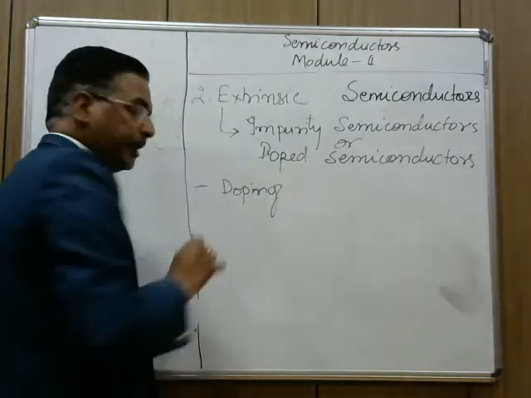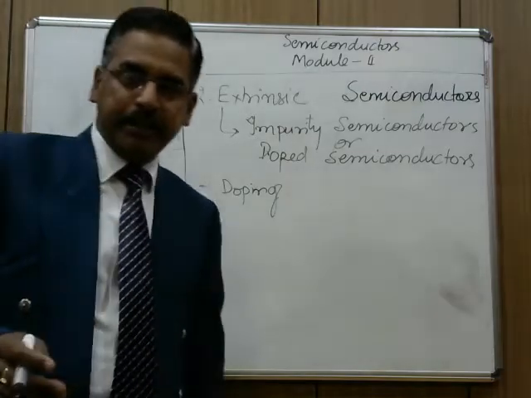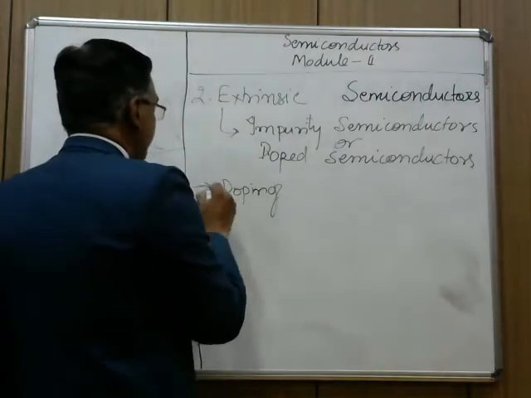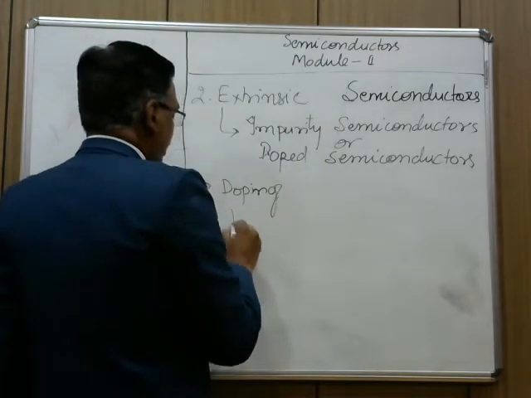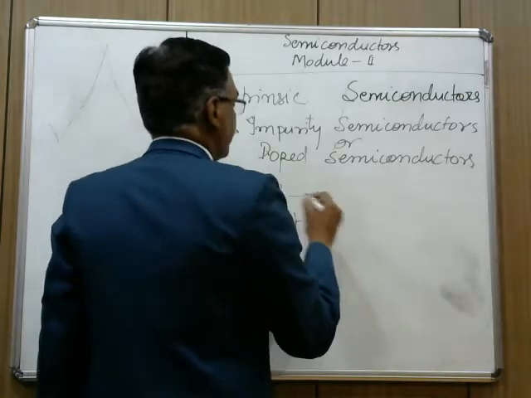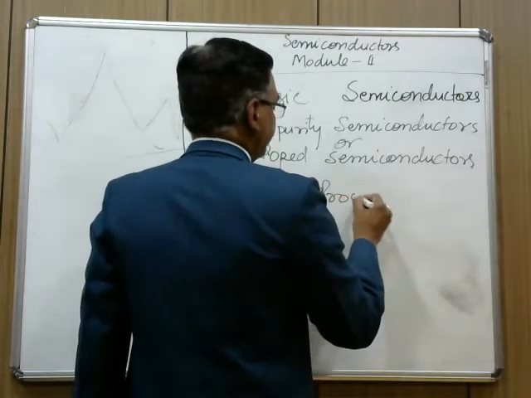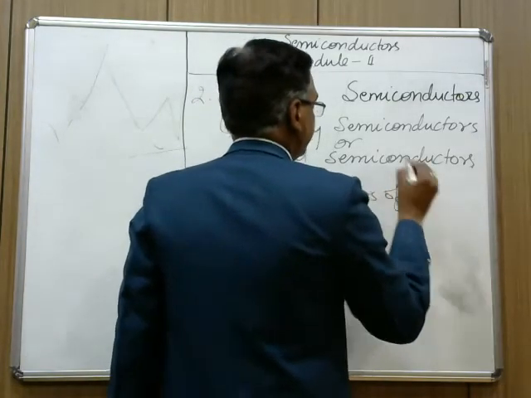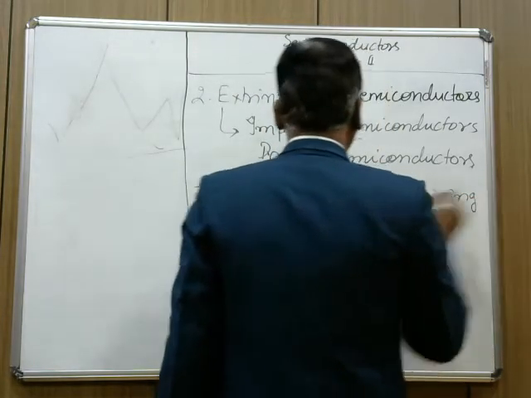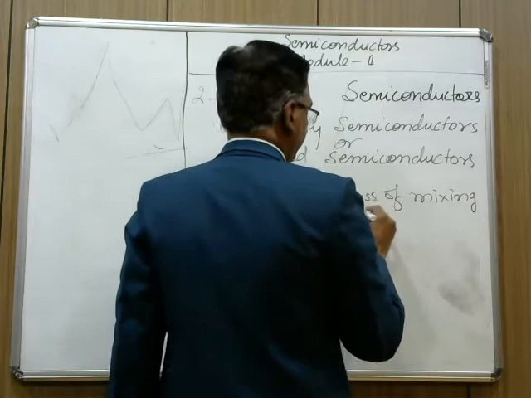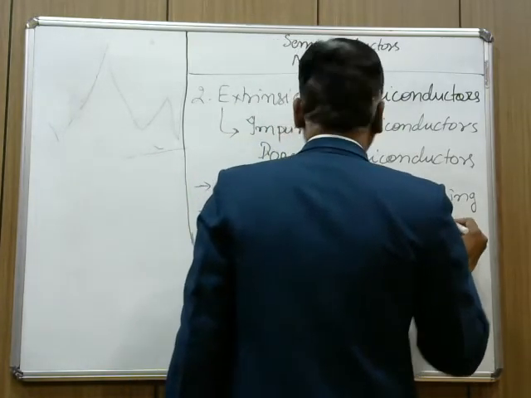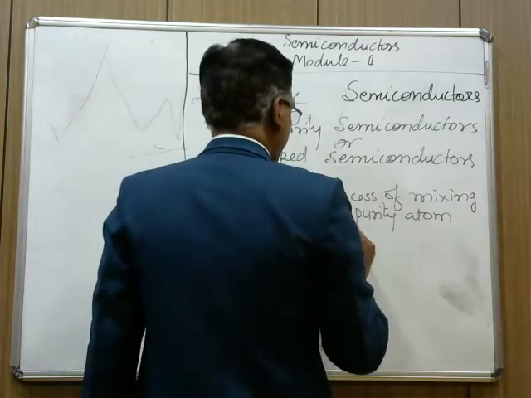Doping is the process of mixing the impurity into the pure semiconductor, and the impurity atom is called a dopant. Dopants are the impurity atoms.